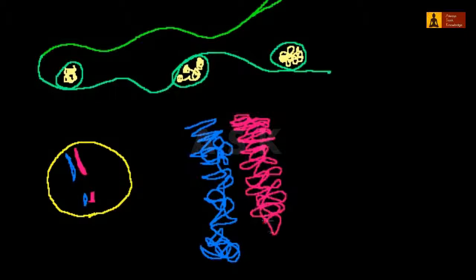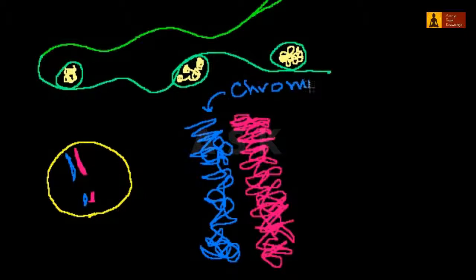So when we talk about this one chain of DNA that I got from my dad, in this structure, we refer to that as a chromosome. Chromosome. Now, I want to be clear here, DNA only takes this shape at certain stages of its life.